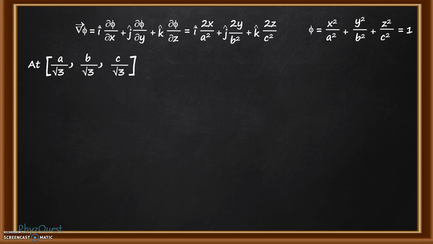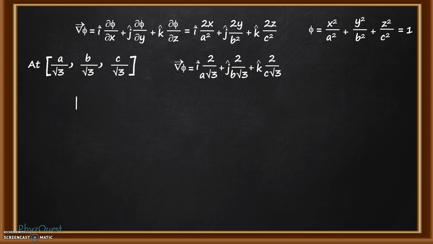So if we put x as a by root 3, y as b by root 3 and z as c by root 3, gradient of phi is i cap 2 by a root 3 plus j cap 2 by b root 3 plus k cap 2 by c root 3. This is your gradient of phi. This is the normal vector. We need to find out the unit normal vector.